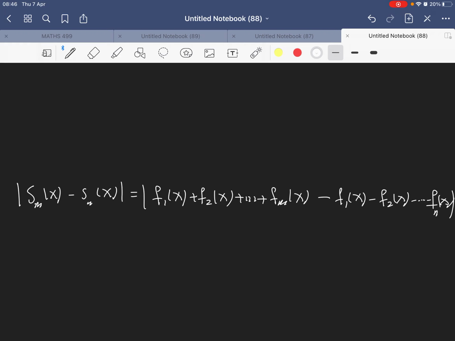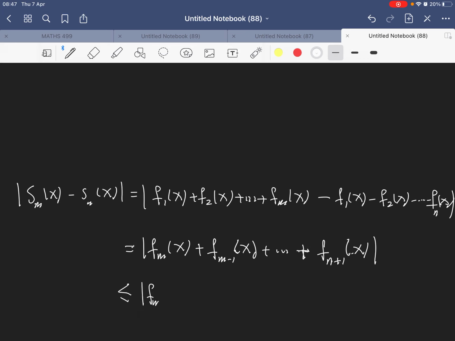And now, if we do the cancellation, the ones that will survive are fm of x, fm minus 1 of x, and down to fn plus 1 of x, because anything up to fn will get cancelled.